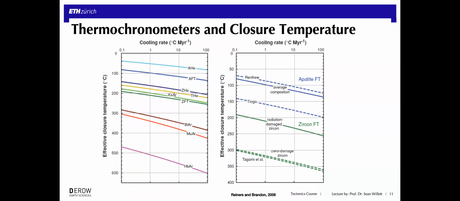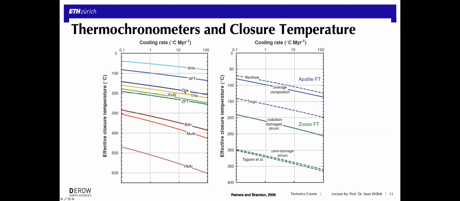So as a tool, particularly for tectonic problems, this is useful because we can now measure the time of passage through a closure temperature, and not just one, but a whole range of closure temperatures depending on what that system is. And this is a summary plot of a number of the different low temperature thermochronometers that are available, from apatite helium or apatite fission track, which I was just describing, through zircon.